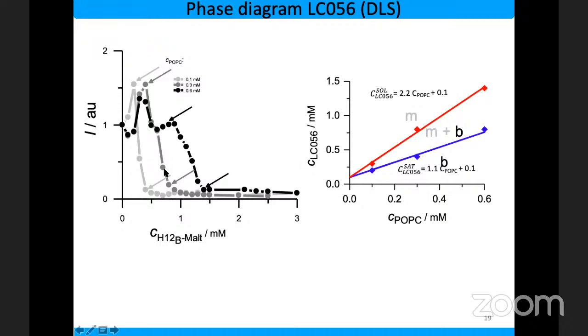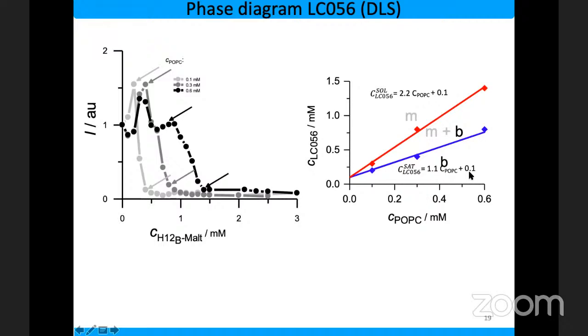This is a representation at 0.1 millimolar, 0.3 millimolar, and 0.6 millimolar of POPC. We then introduce the surfactant, and have something like this. And we presented it in this diagram. So here we have the concentration of the surfactants on the y-axis and the different concentrations of the lipid on the x-axis.